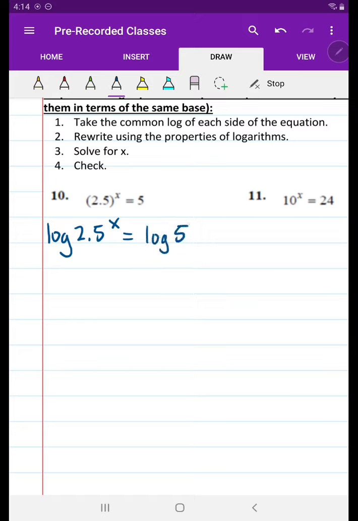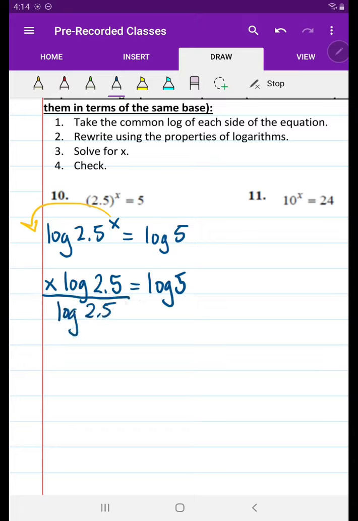Now, you know that when you have an exponent on the argument of your logarithm, you can take that exponent and put it in front as a coefficient. So if I do that, I'm going to have x log 2.5 equals log 5. And so now we can get our variable, our x, by itself if we divide both sides by log 2.5.